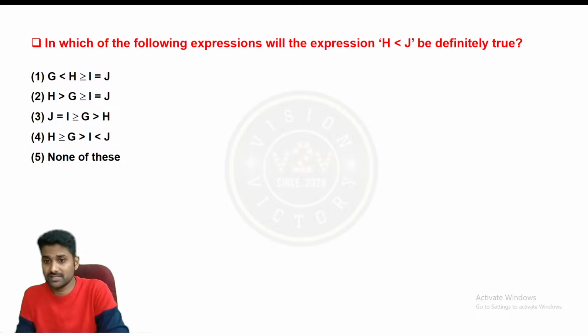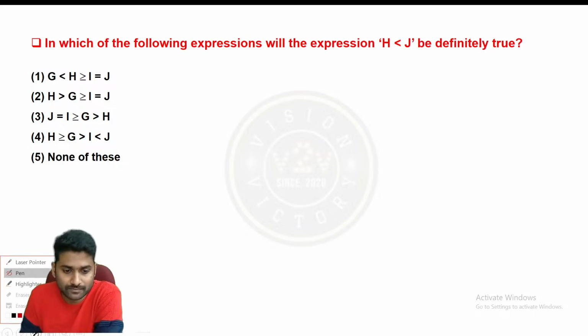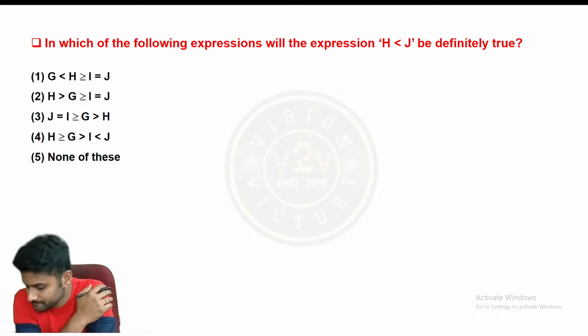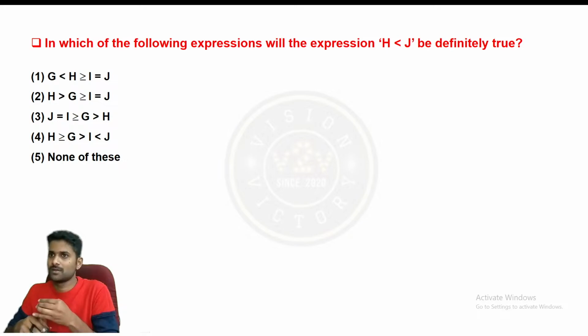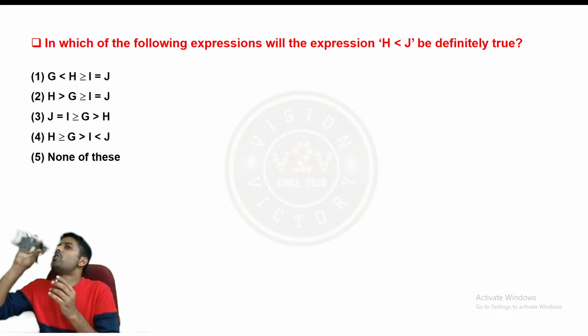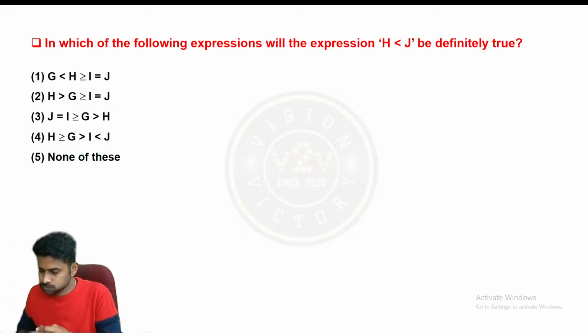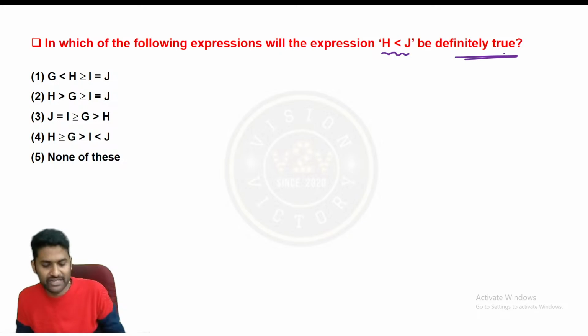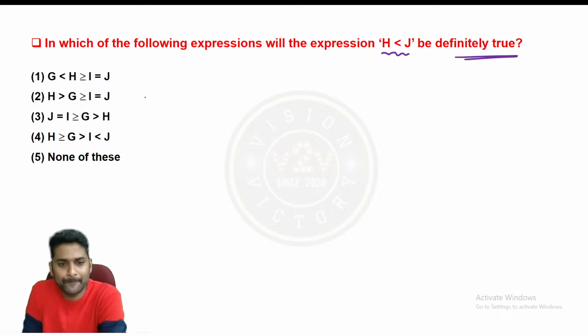Next. See this inequalities question. In which of the following expressions will the expression h less than j be definitely true? We need h less than j to be definitely true.